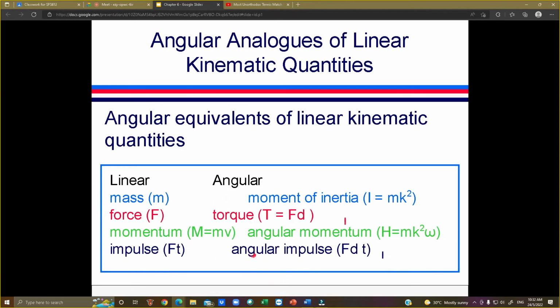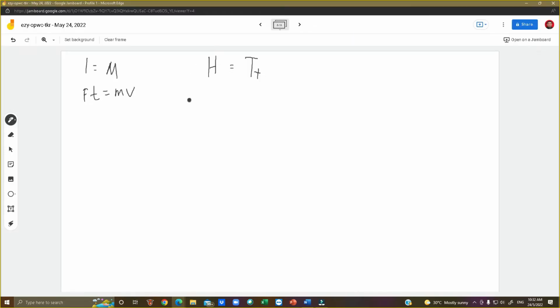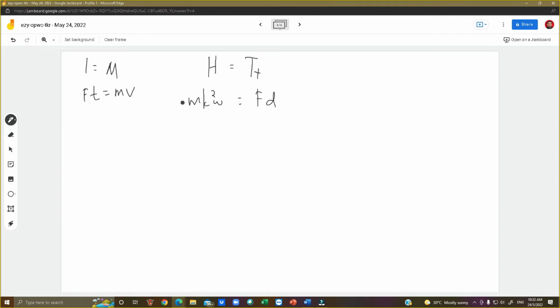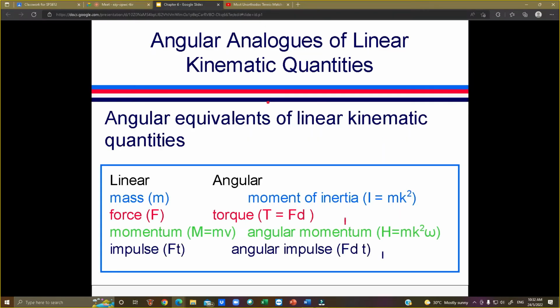Okay, Tt. Ni mana dia tak tulis simbol dia. Dia Tt. Okay, so kalau angular momentum, it is mk square omega. Tt dia ialah Fd. Okay, benda yang sama. Sama dengan ini. This one is angular momentum. This one is angular impulse. Okay, mk square omega. Alright, these are the formula, the translation of formula between linear and angular.